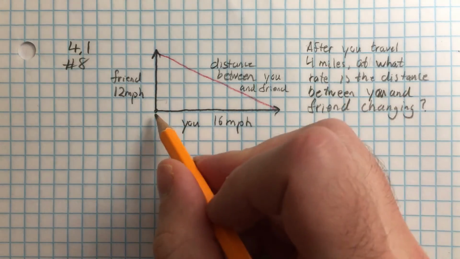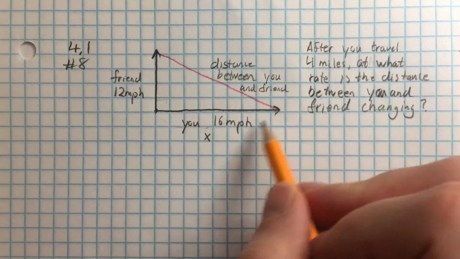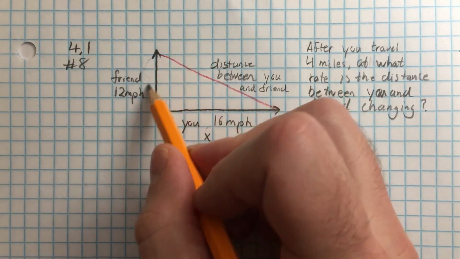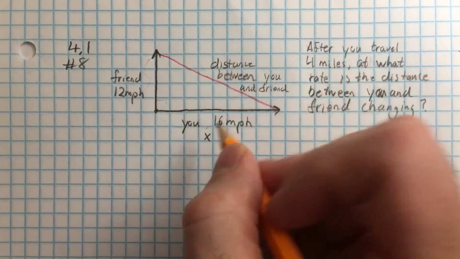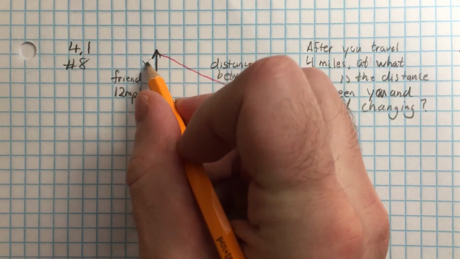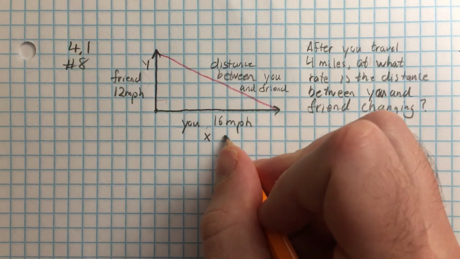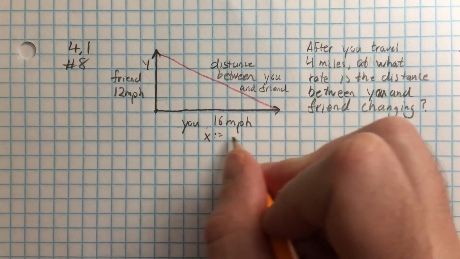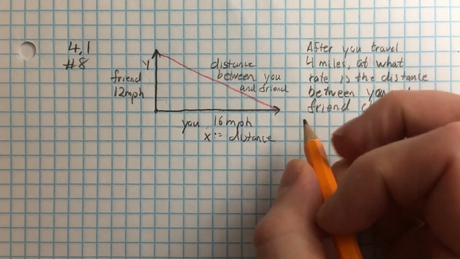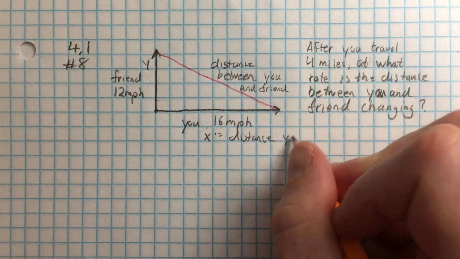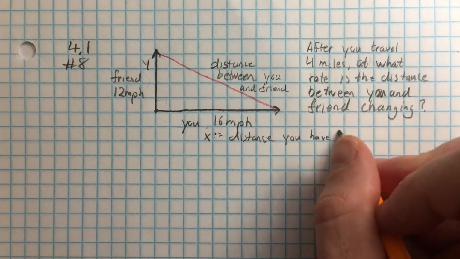All right, so right now, if I were to say that my position here, right, they said you, is x, right, from here, if we just called this x, right, that distance, whatever that is, and friend we'll call y, maybe, something like that. So there's x and there's y, okay? X is the distance that you, I'm just going to keep using you, have traveled from the starting point.